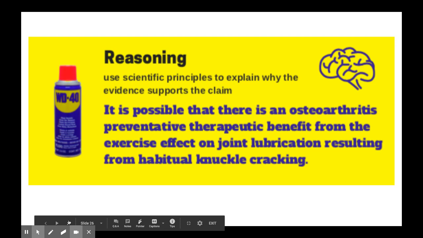He said it is possible that there is a therapeutic, arthritis-preventing benefit from the exercise effect on joint lubrication resulting from the habitual knuckle cracking. So he found that there's some kind of lubrication that could happen as a result of the knuckle cracking.